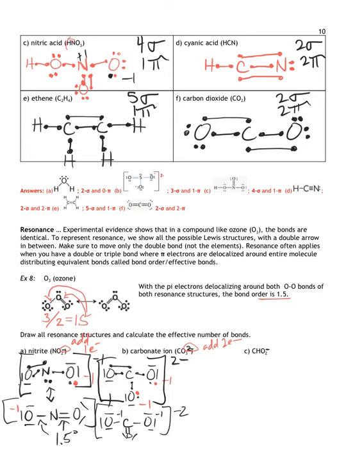So here's another resonance structure, and all I've done is take the double bond and move it down to this oxygen right here. Once you have your initial Lewis structure and it's a solid Lewis structure, you can then draw the other resonance structures pretty easily.